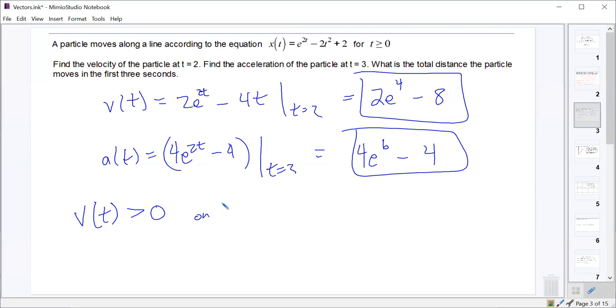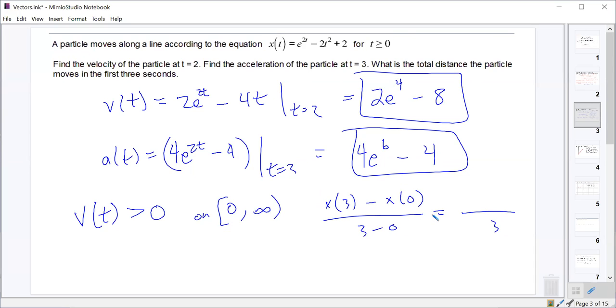So if it's always got a positive velocity, then that should tell you that the displacement is equal to the total distance traveled. So we just need to figure out what is x of 3 minus x of 0 over 3 minus 0. So what's x of 3?